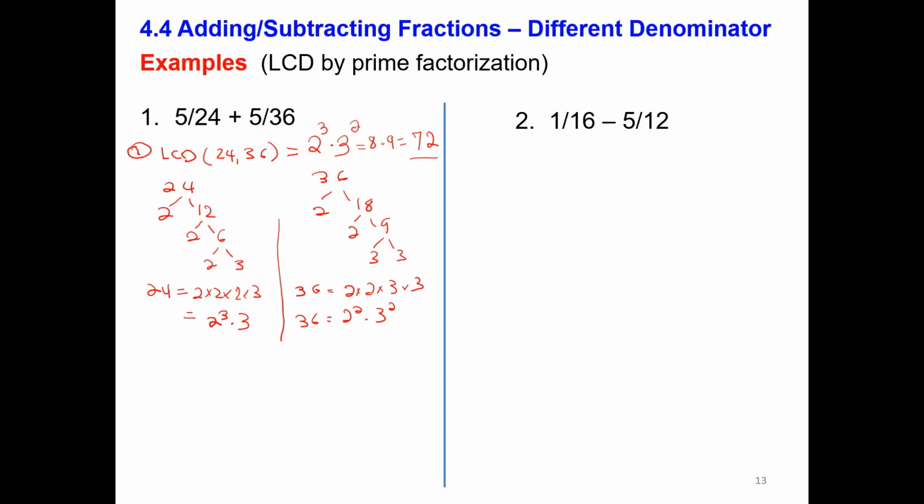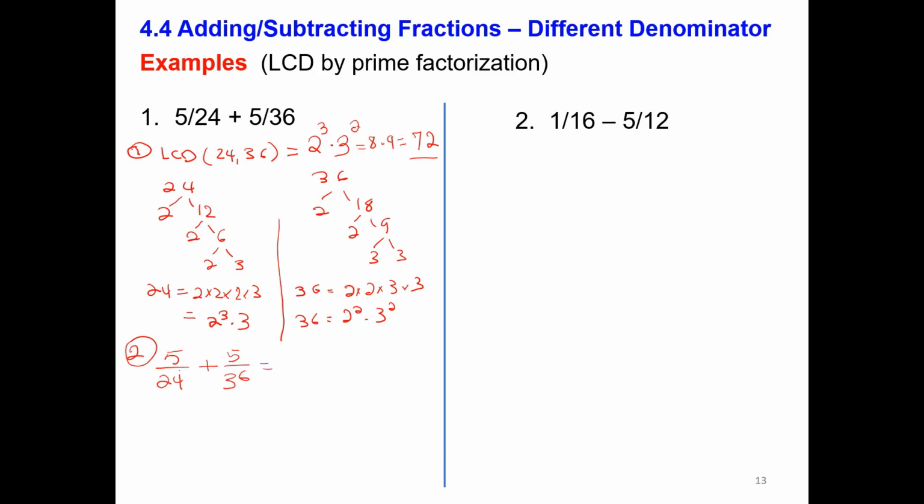The second step is we need to create equivalent fractions in which we want the denominator 72. To do that, the problem is 5 over 24 plus 5 over 36.